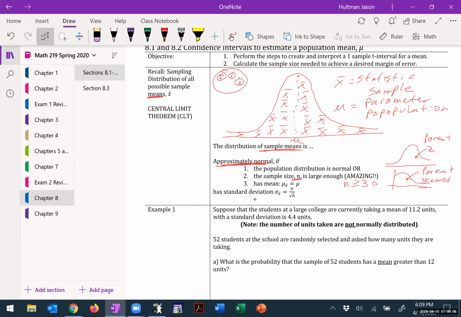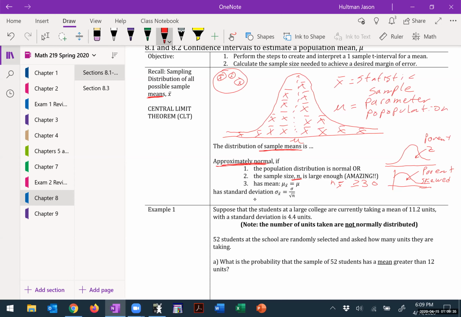Okay. So if the parent was skewed, but we take at least 30 samples, and what are the samples? That's not the number of individual data points. These are the means, n of x bar, I should say. That's the number of averages that I took.